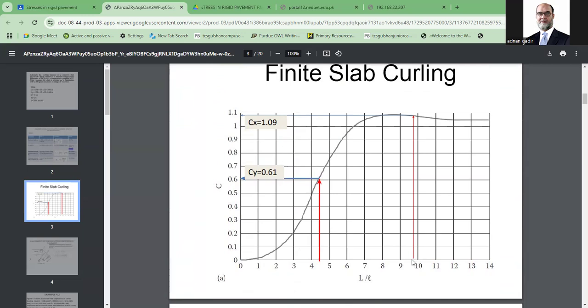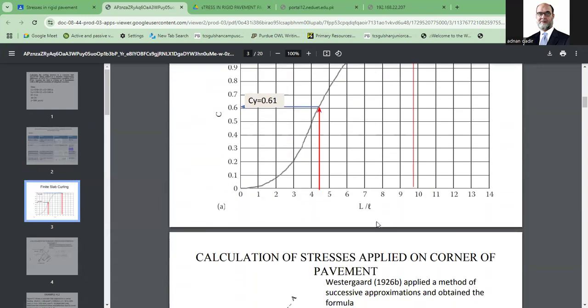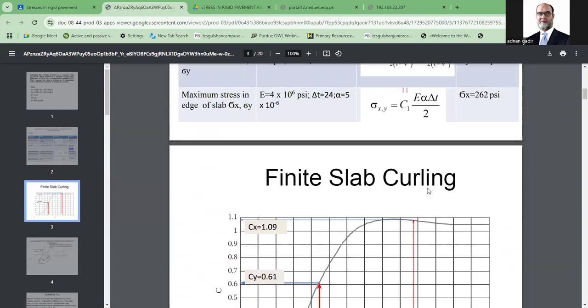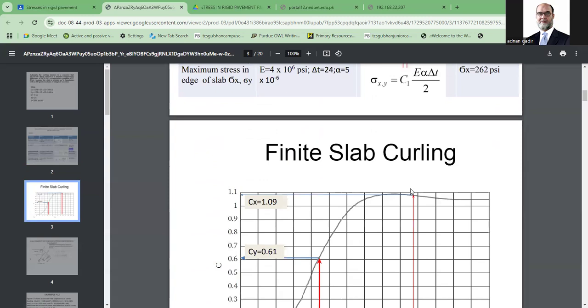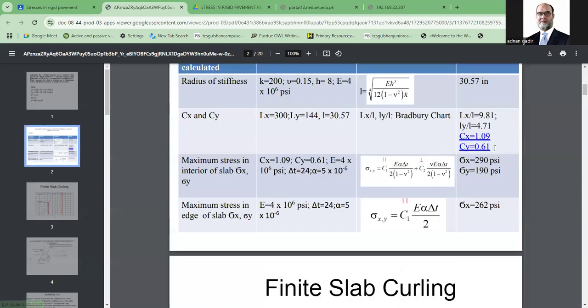We estimate that this is 9.8, and this can be an approximation as well. So we get Cx equal to 1.09, and similarly, Cy is 0.61. Ly over l was 4.71, so we have calculated this one and found Cy equal to 0.5. I'm sorry, I think there is some mistake in it, but actually this is the way.